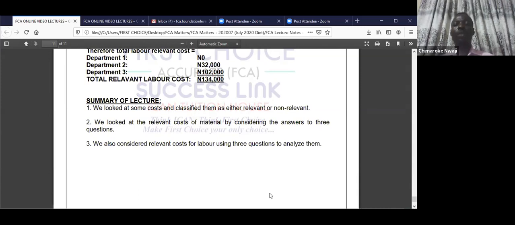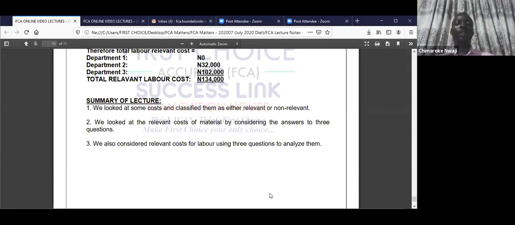We saw some costs that are non-relevant. We call some of them fixed costs absorbed. We saw committed costs, sunk costs, non-cash flow, and unavoidable costs rather. So when you know this classification, it will be easy to know if this cost item is relevant or not.